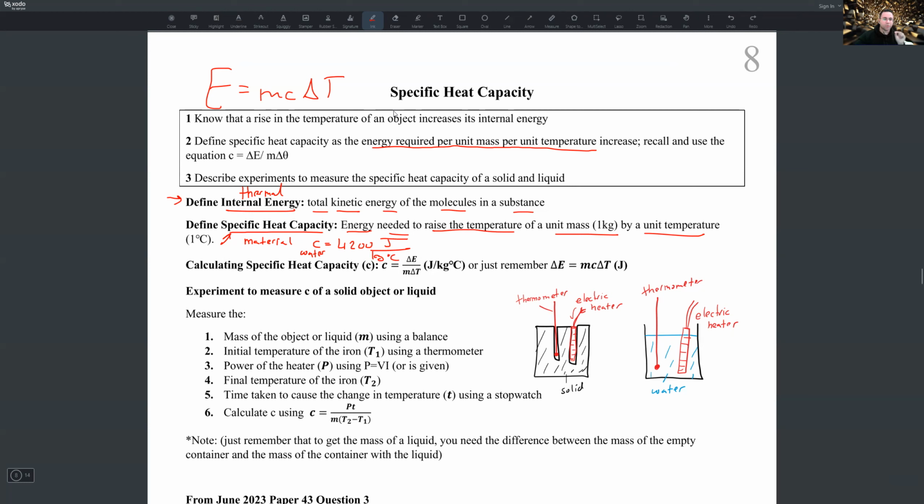معناها إن water needs 4,200 joules عشان تسخن 1 kilogram by 1 degree, يعني from 20 to 21 أو from 15 to 16 محتاجة 4,200 joules. Whereas iron, and my memory fails me, so Google to the rescue, please.